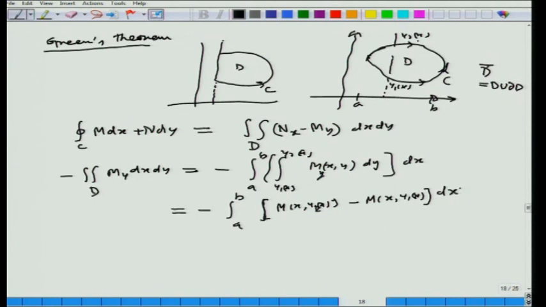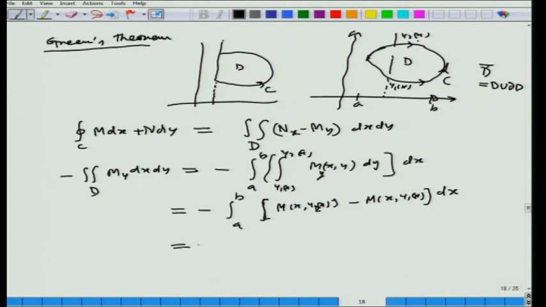Now, we can see that there is a minus sign, and in the first term M is integrated along the curve y2. Because of this minus sign, the direction gets reversed, and similarly in the second term, along y1, minus minus will make it plus, so this will be the direction taken from A to B.